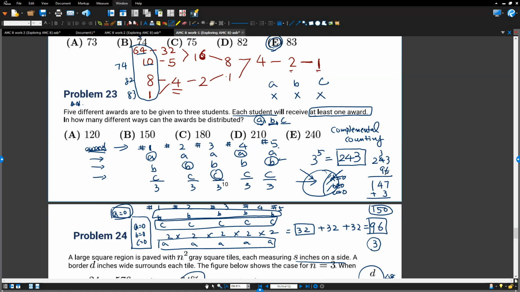Because when you add this one back, A equals 0, B equals 0, C equals 0, 3 times. I'm going to explain that later, okay? It takes time. This is a Venn diagram. If you understand this Venn diagram, it's easy to understand.